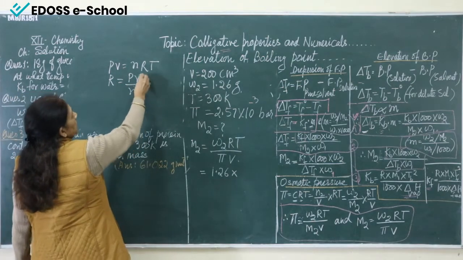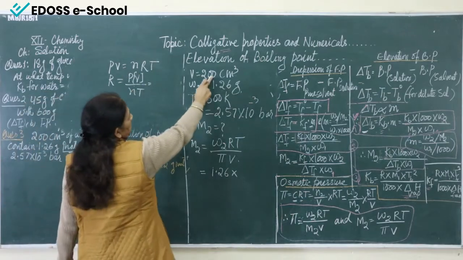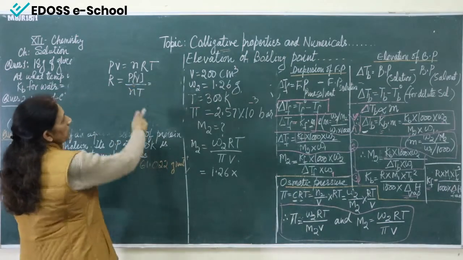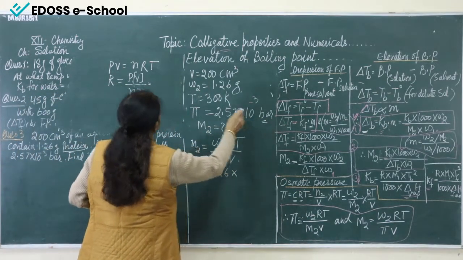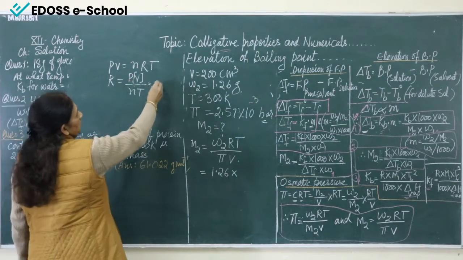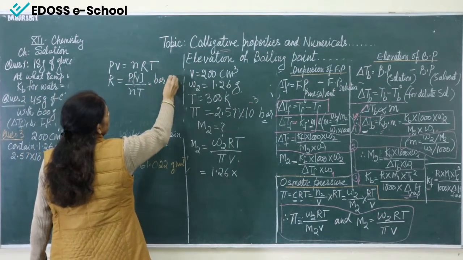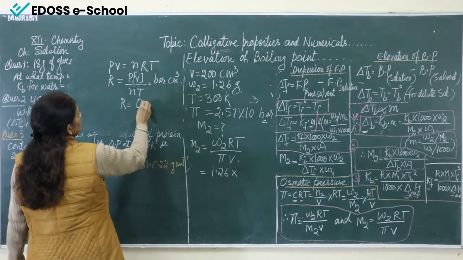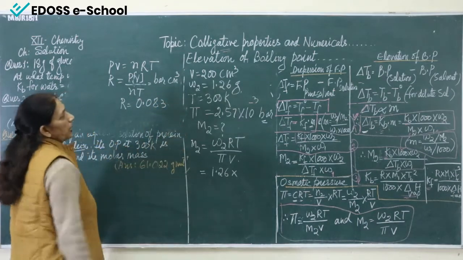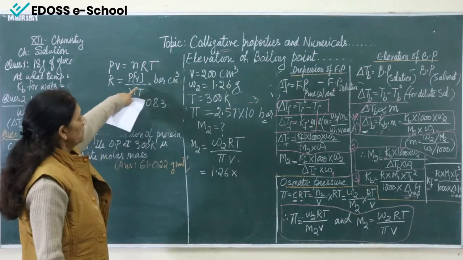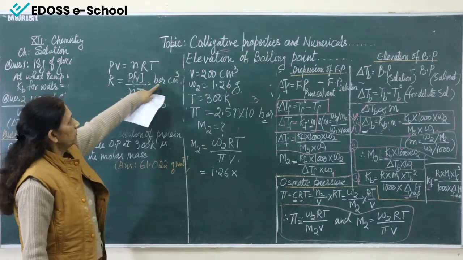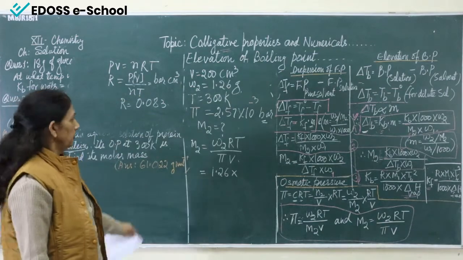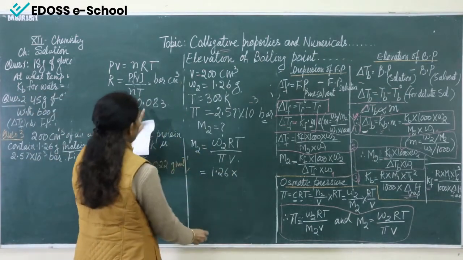So remember, if pressure is given in bar and volume is given in cubic centimeter, then the value of R you have to take is 0.083. Then the unit of R will be bar centimeter cube per mole per Kelvin. So this value we will put here.